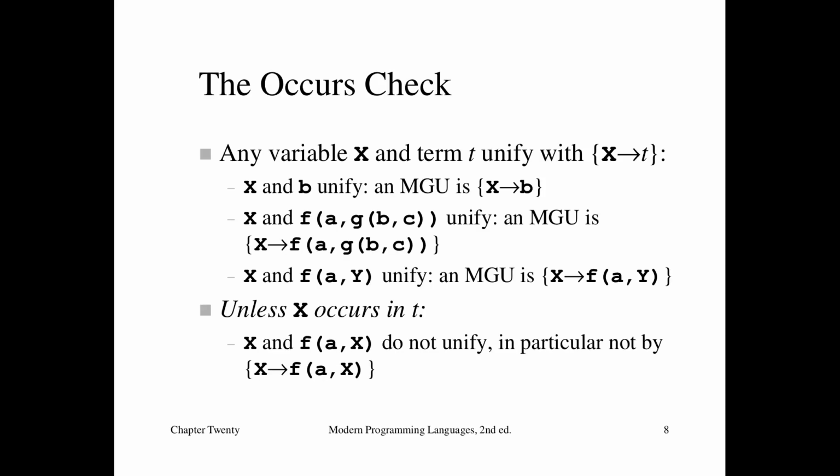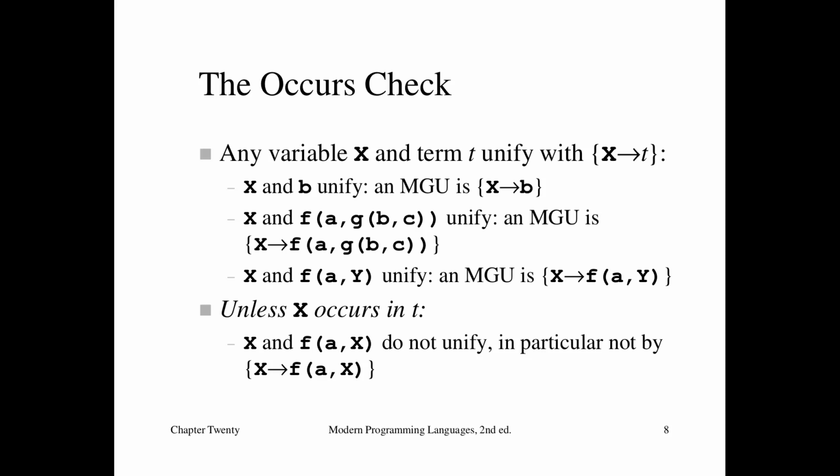The occurs check. Any variable x unifies with a term t by mapping x to t. So x and b unify, and the MGU is x mapped to b. X and f of a, g of b c unify, and the MGU is x maps to f of a, g of b c.